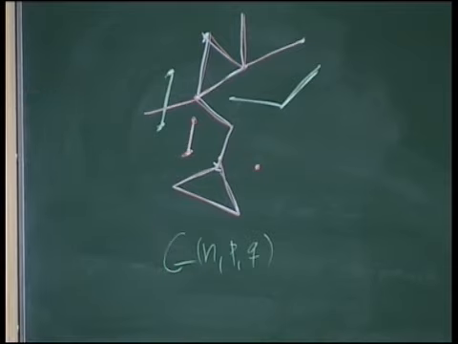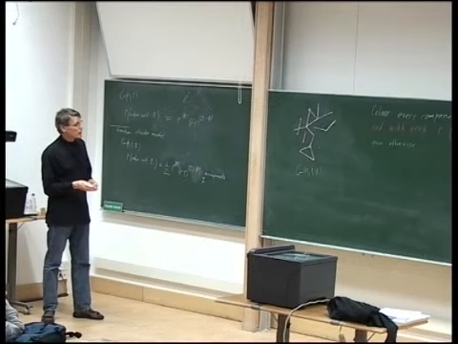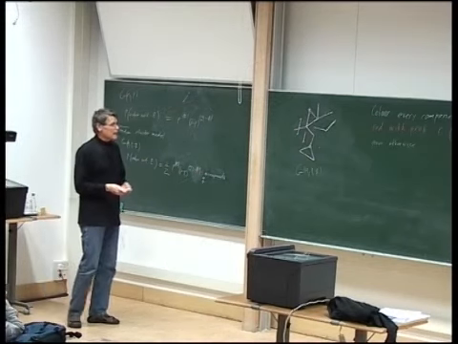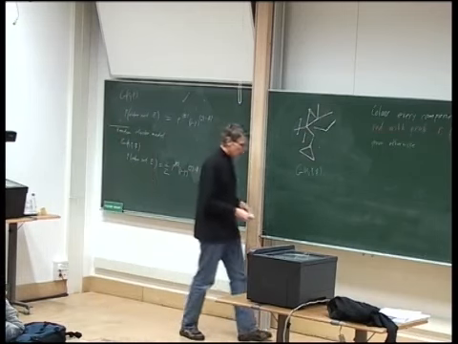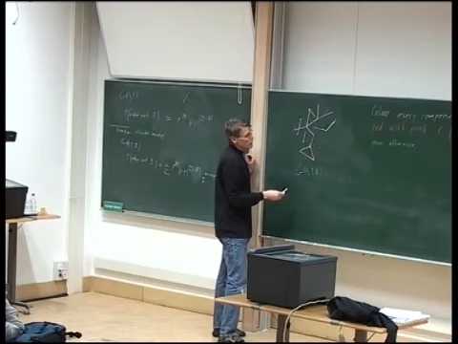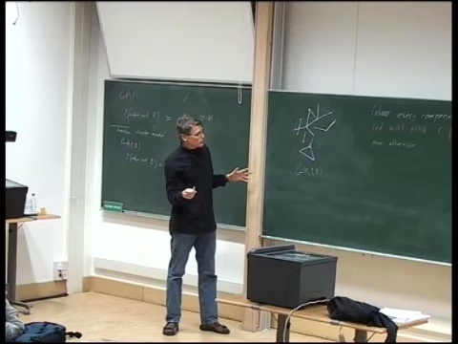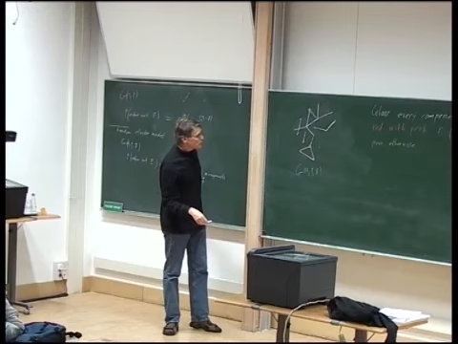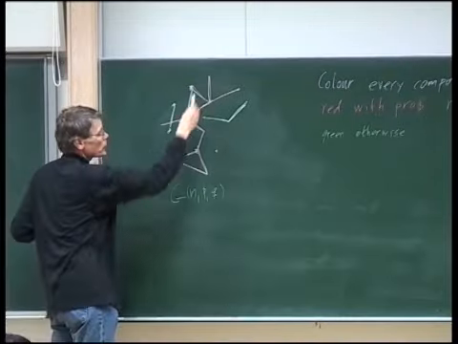And now let's look at the probability of getting some specific colored graph at the end here. And more precisely, the set of all red vertices is of course random now, but if we condition on a specific set of red vertices at the end, that means we only look at all possible outcomes that give exactly this set of red vertices.